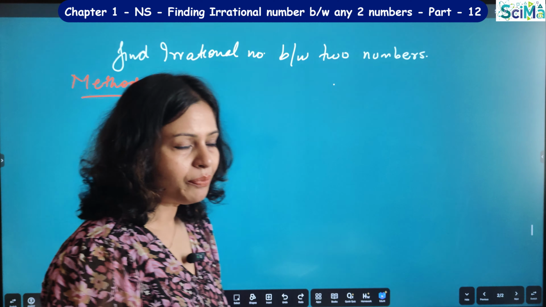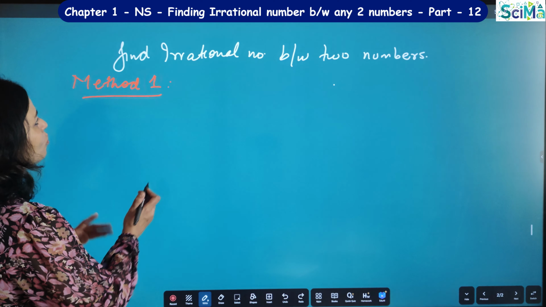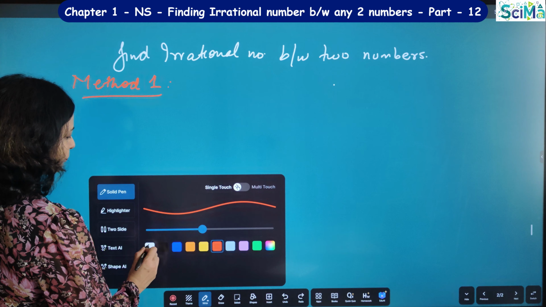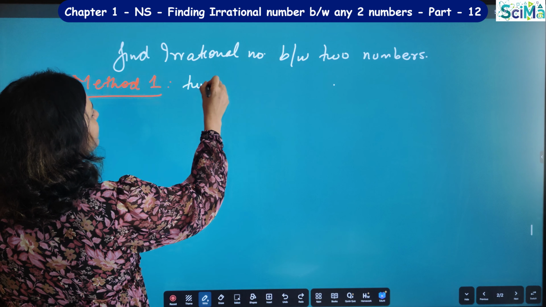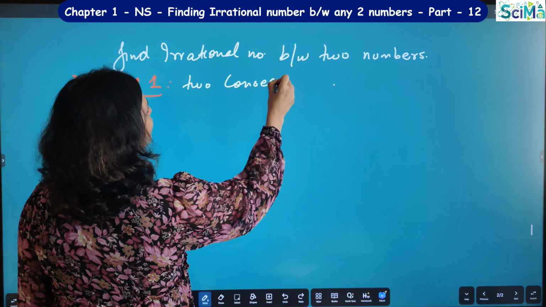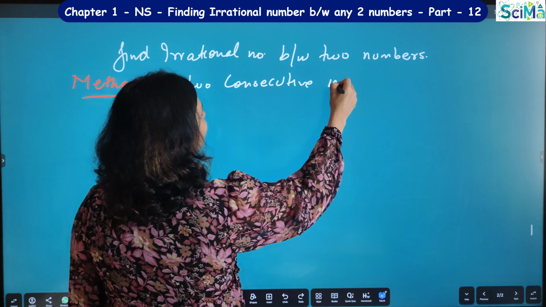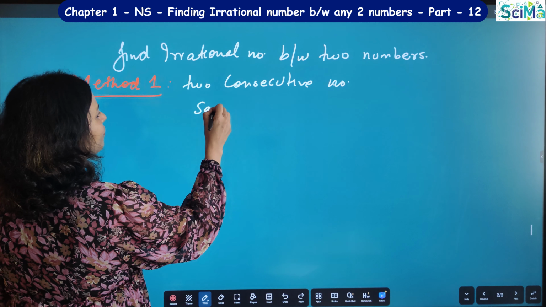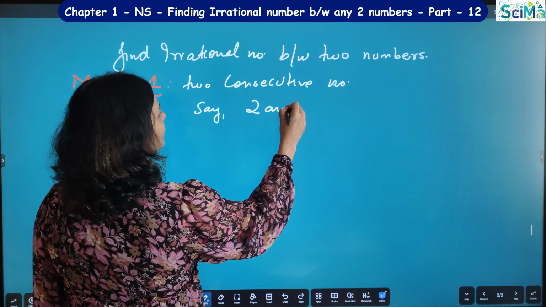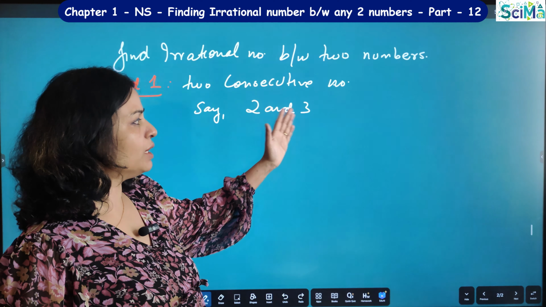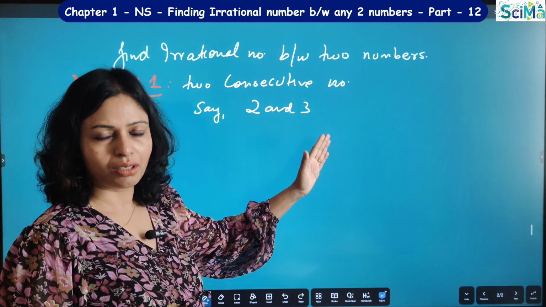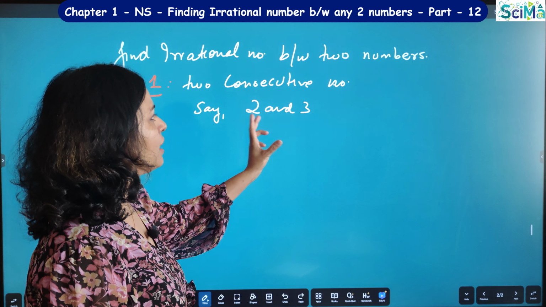The first method is for two consecutive numbers. Suppose in the question you are given two consecutive numbers, say 2 and 3. The number just next to 2 is 3, the immediate next number.